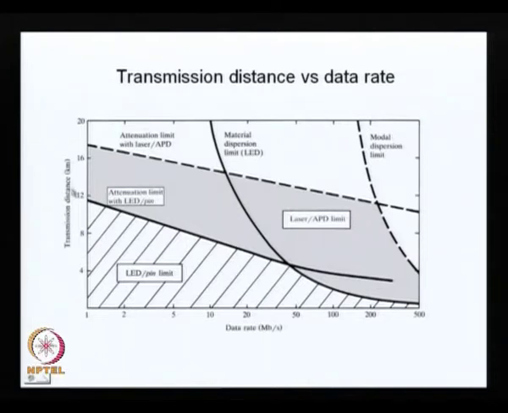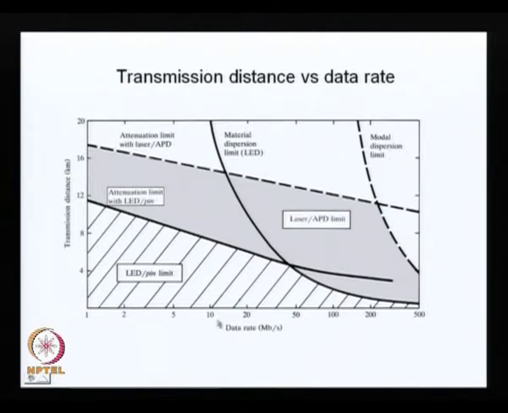So, here essentially we are seeing now a plot of the data rate and these are the transmission distances in terms of kilometers, and these are the different combinations which we have. So, we can have material dispersion, LED, this could be the curve, or you can have a modal dispersion which could be another curve and so on.